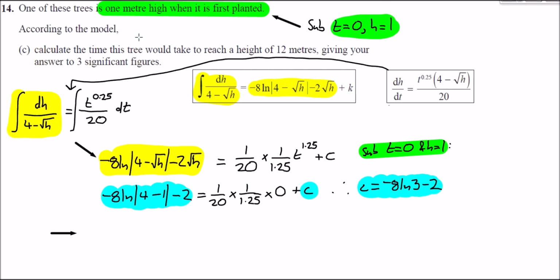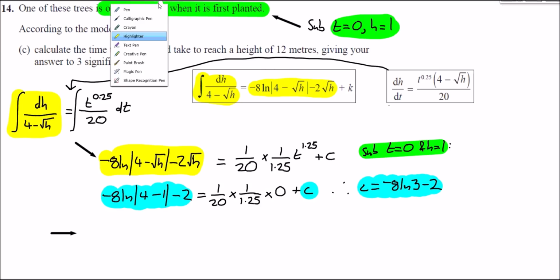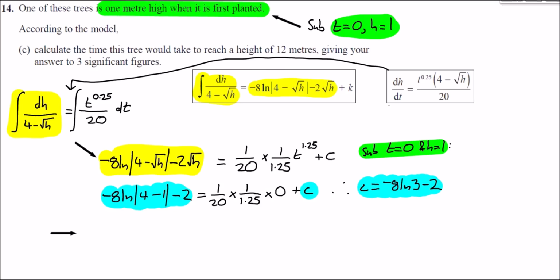So what we now have is, as a complete model, minus 8... let's start again with this. So now I know that c is that, I can now complete this model and see what we have.